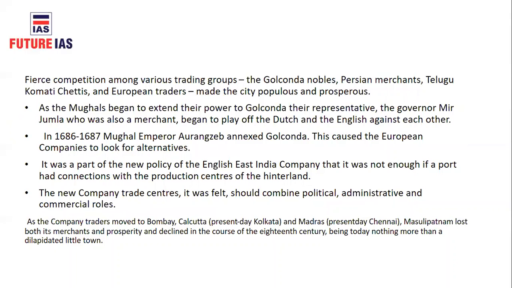And competition also began between the different trading groups. For example, you have the Golconda nobles on one side, the Persian merchants, the Chettis from Telugu regions, and European traders. They were more popular in terms of trading, right?